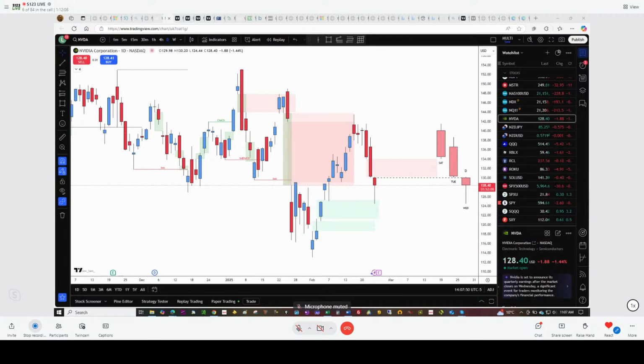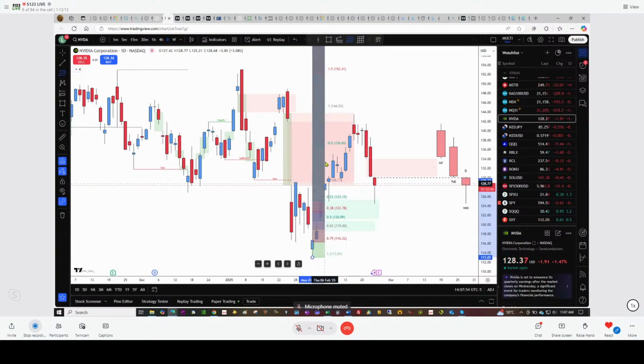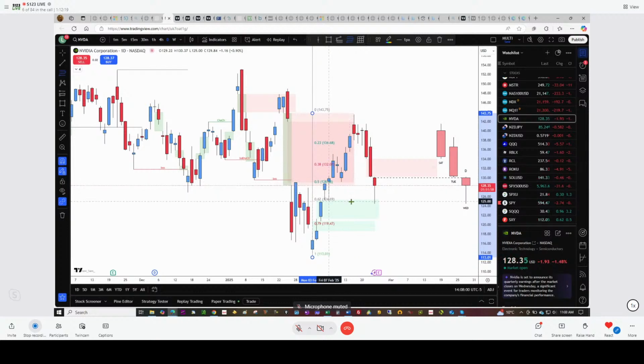So if I put the fib on this move, for instance, we are at 50 to 62%. So this is beautiful. This is where you want to buy. So we're on a daily looking at this, and this daily candle.